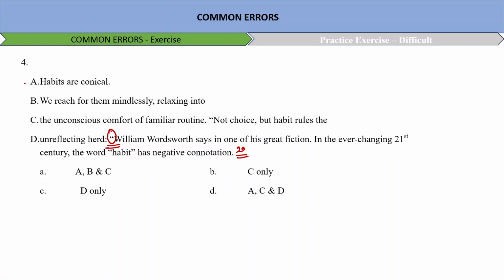So sentence A, B, C, and grammatically, if I read sentence D, that is also correct and appropriate. But only because there's a punctuation error, we have to count it as an erroneous part. Hence, the correct answer to this question will be option number A, where A, B, C is correct. Next question.